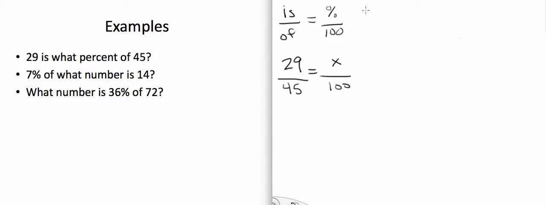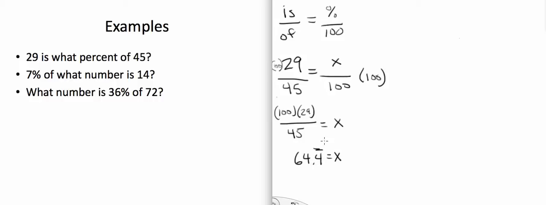So to solve this using undoing division, we're going to multiply by 100 on each side. When we type in 100 times 29 divided by 45 is equal to x, we get a value of x equal to 64.4 repeating.